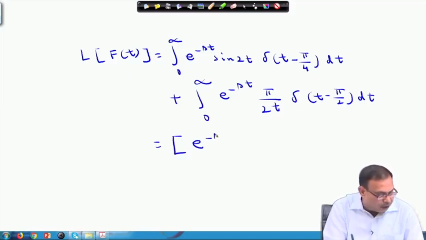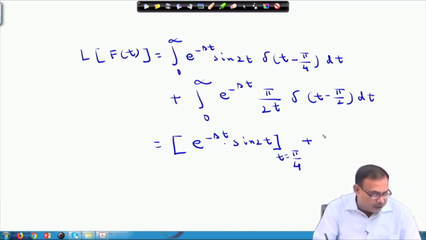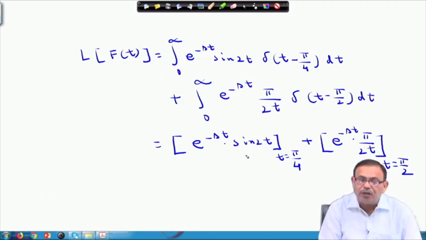This will be e to the power minus st into sin 2t at t equals pi by 4, plus e to the power minus st into pi by 2 t, where t will be at pi by 2. So directly I can write down the value, because I know the Laplace transform of the Dirac delta function.